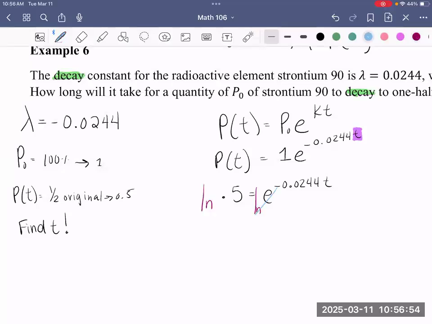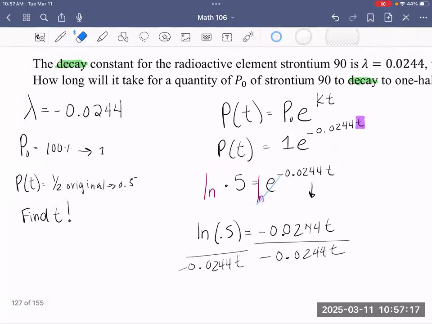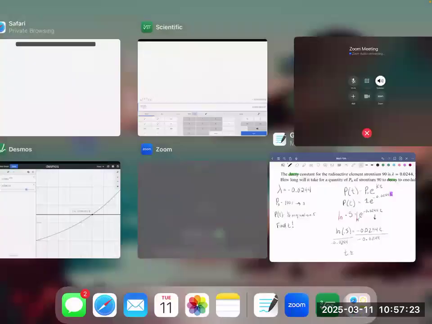That will allow you to cancel out your e, and that can drop. So you have ln of 0.5 is equal to negative 0.0244 t. Divide by that. Oops, not t. We need t to stay put. So let's figure out what t is approximately.